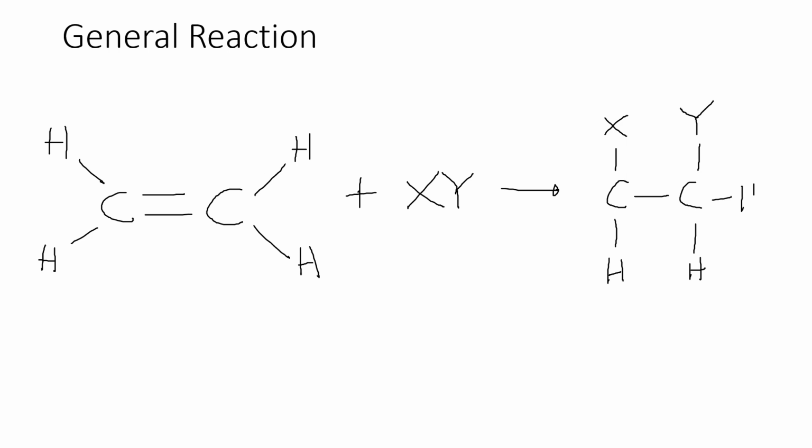So hopefully you can see why this is an addition reaction, because we're adding X and Y across the double bond, forming a single bond and forming new bonds to X and Y. Notice that X adds to one carbon and Y adds to the other carbon, and we'll see why when we look at the mechanism. So what we're going to do on the next slide is, rather than dealing with X and Y, we're going to make it specific, and we'll look at the reaction of ethene with bromine to see how this happens.